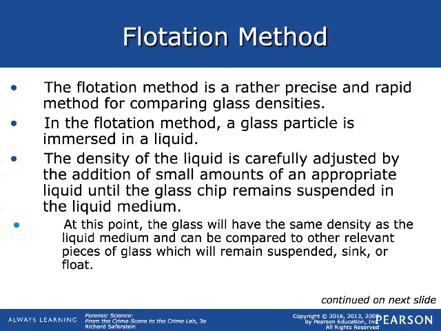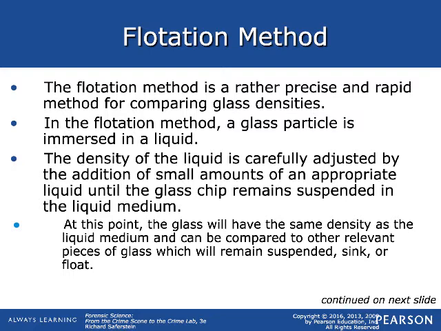Okay, so a flotation method. It's actually a precise and easy way to compare glass densities. You guys remember doing the density of metals in the very beginning. In the flotation method, a glass particle is immersed in a liquid, and the density of the liquid is carefully adjusted by the addition of small amounts of an appropriate liquid until the glass chip remains suspended in the liquid.